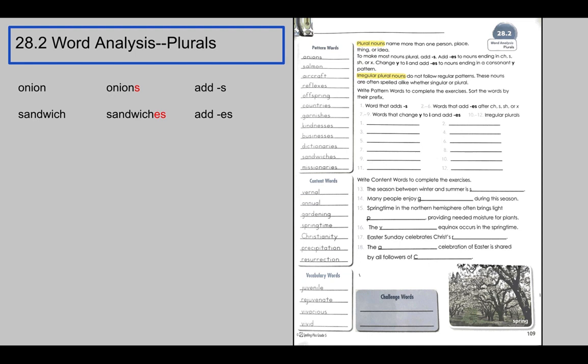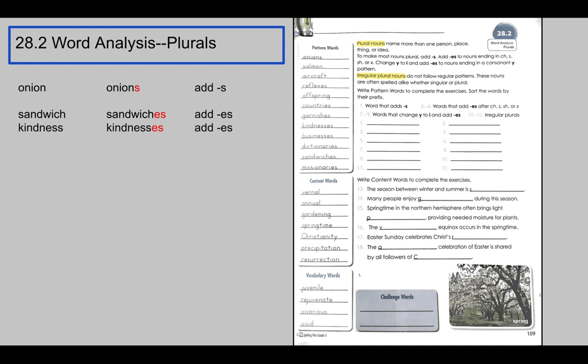But let's say I start eating and I find out that I'm really, really hungry and I decide to eat 2 sandwiches. To make the word sandwich plural, I add ES onto the end of it. I add ES because sandwich is a word that ends in CH, and the rule is if a word ends in CH, we make it plural by adding the letters ES.